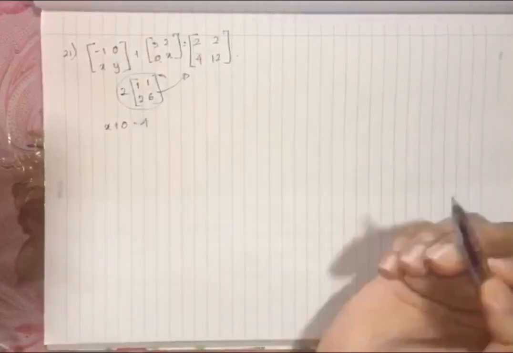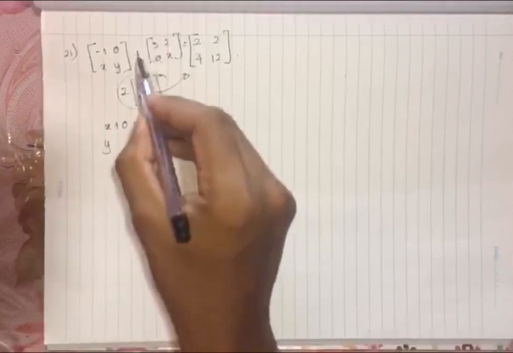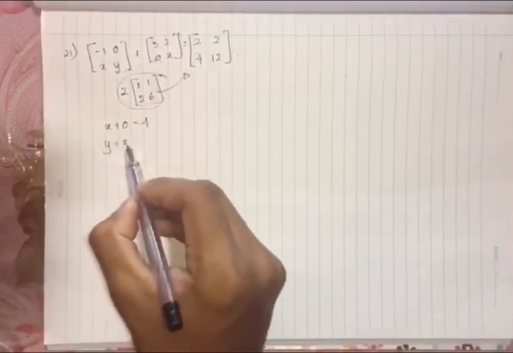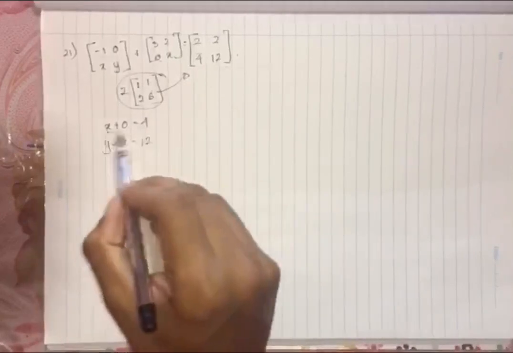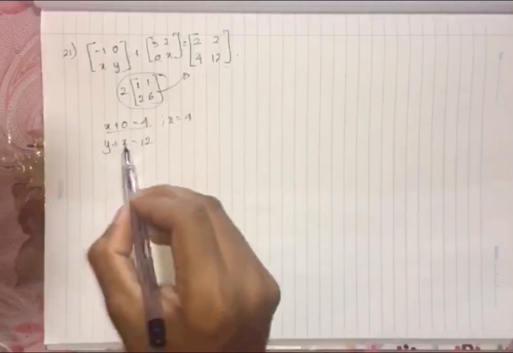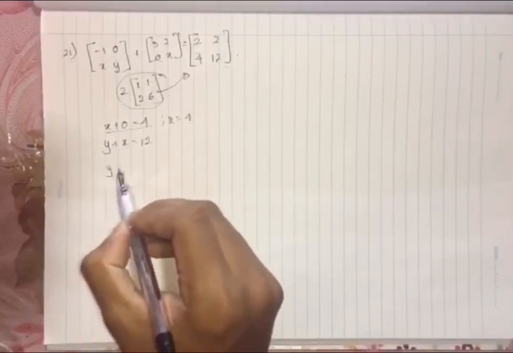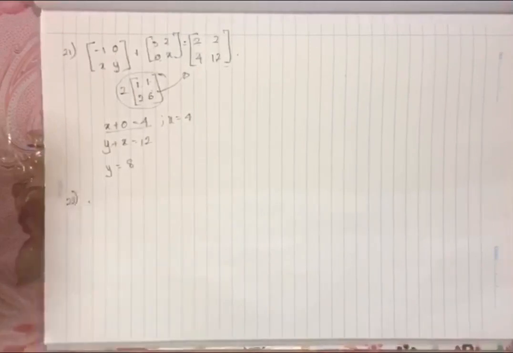You have 4. Moving on to the right hand side, you have Y plus X, plus X is equal to 12. Now using this equation, you know that X is equal to 4. So since X is equal to 4, Y is equal to 8. This is simple.